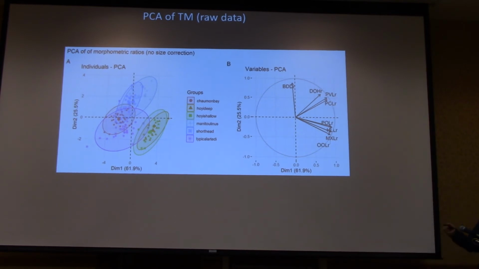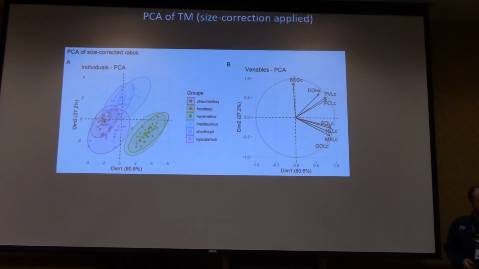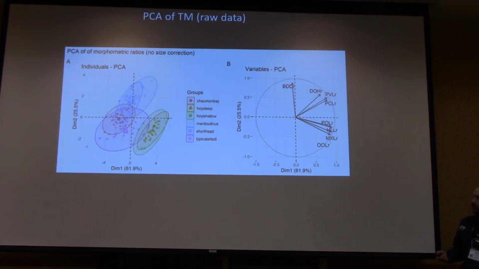And then you see with some of the other artidae morphs, so Manitolinus, shorthead, typical artidae, there's some overlap, but overall some spread as well. And now this is the same graph, but with size correction applied. If you look at the first principal component, it really didn't change all that much with size correction added.